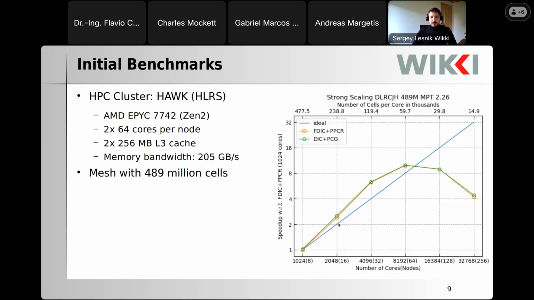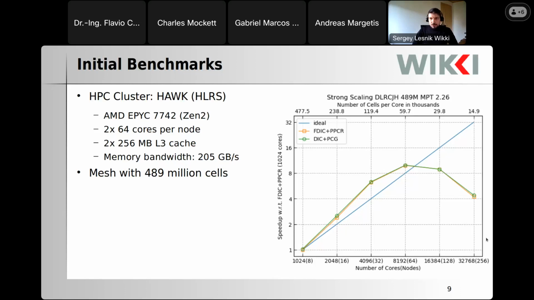And what we can see here is a similar picture as Charlie has shown before. We have a super linear speed up, right? So we get twice as much resources, but the speed up is higher than 2. And it continues up until 8,000 cores, but then it breaks.